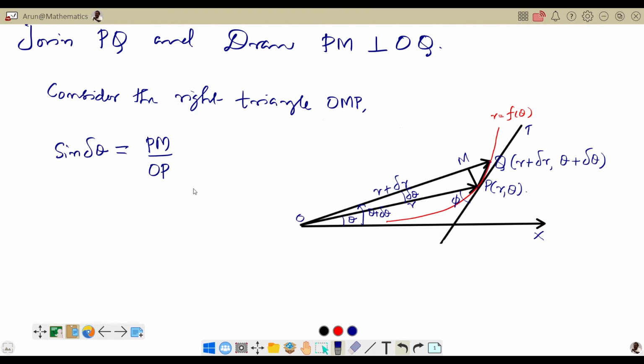So this implies PM equal to OP sine delta theta, and OP is r, so PM is r sine delta theta.